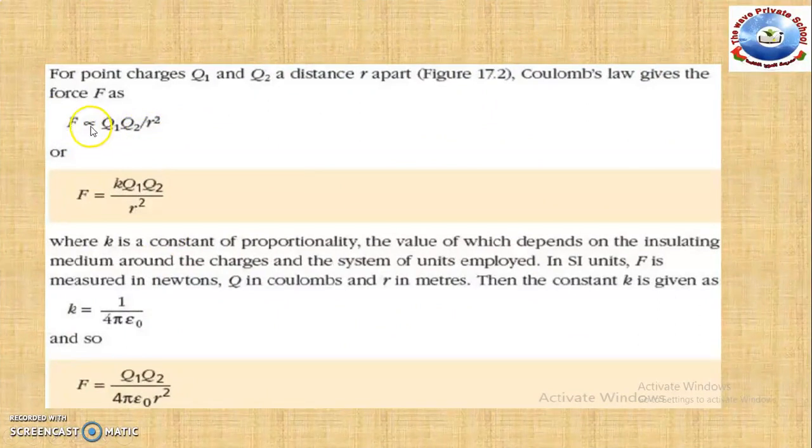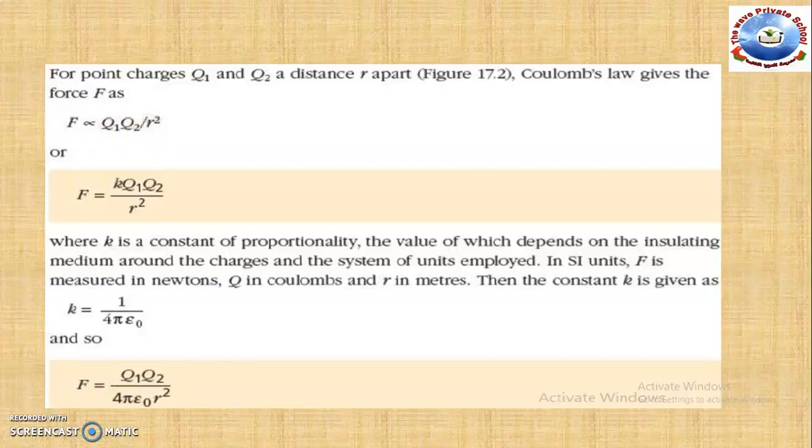Force is directly proportional to Q1 Q2, the two charges. So we can say that force is proportional to the product of their charges, meaning the two charges multiplied. And it is inversely proportional. We know that if a square is on the downside, then force has an inverse relation with the distance.